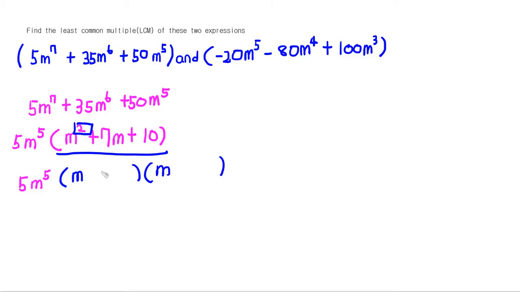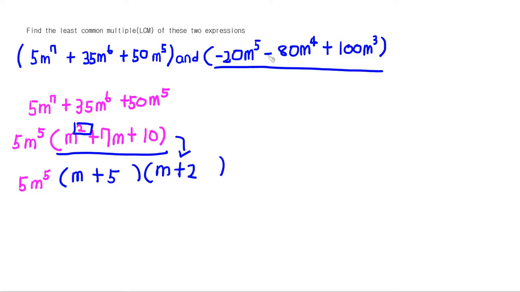I think it will be positive 5 and positive 2. And the reason why I simplify into binomials this way is because I want to know all the terms that this trinomial contains.